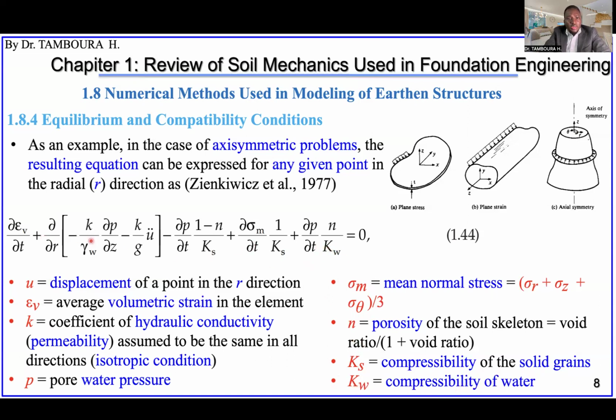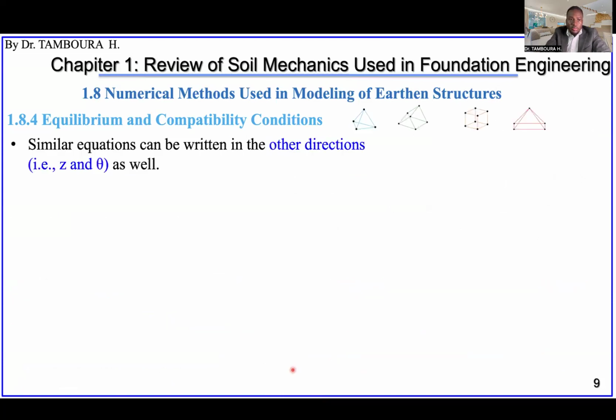As you can see, this equation is combining almost everything about the soil: displacement, volumetric strain, hydraulic conductivity or permeability, pore water pressure, mean normal stress, porosity, compressibility of the soil and compressibility of water. And in the other directions, similarly, we can also write it, meaning in the direction of Z and theta.